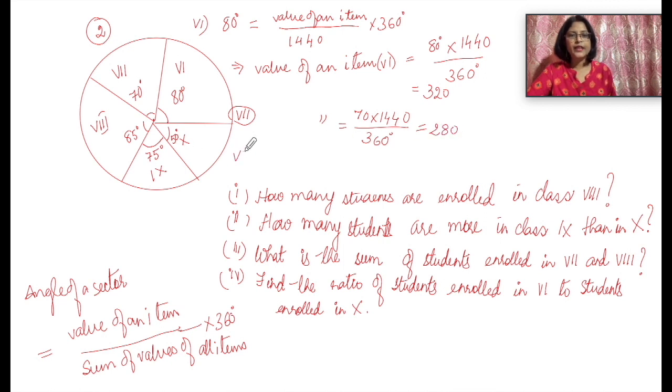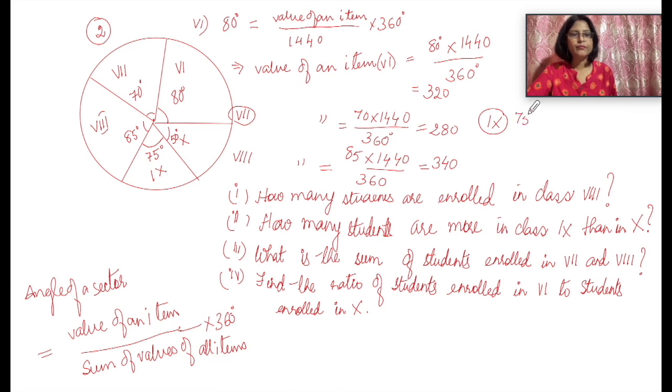For class 8, we again have number of students equal to 85 into 1440 divided by 360. I am removing the degrees because we have it both in the numerator and denominator. So this gives 340.